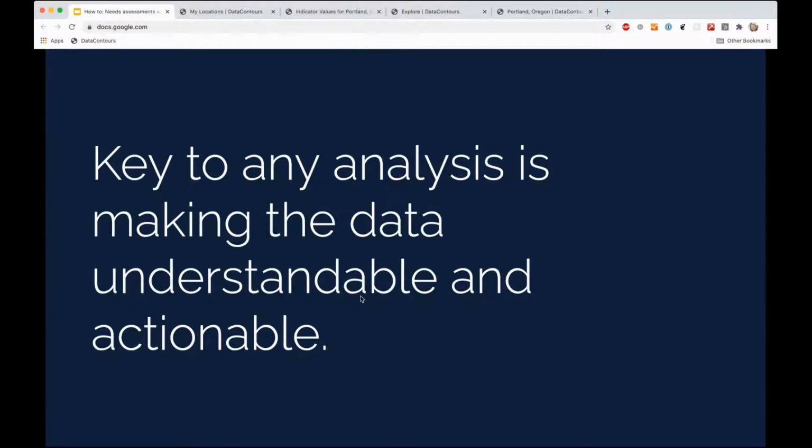It's something that you do on an ongoing basis within your organization. And for those of you that have been on our other webinars, I sound like a broken record, but thinking about these needs assessments as ways to norm your organization to using data to make decisions on a much more regular basis is the biggest challenge and also the biggest opportunity.